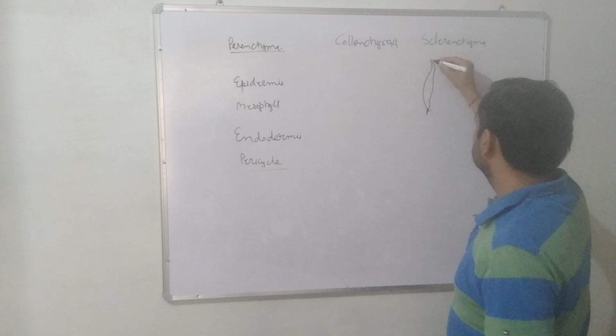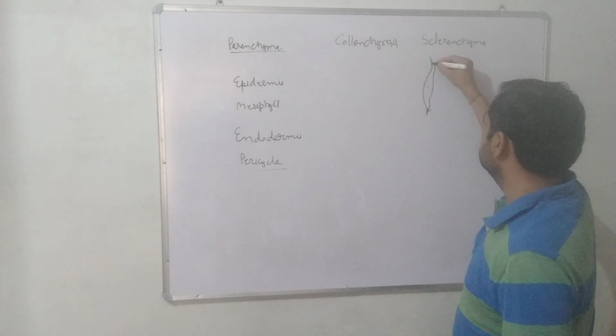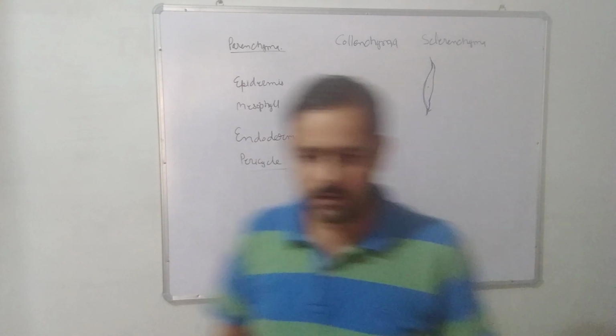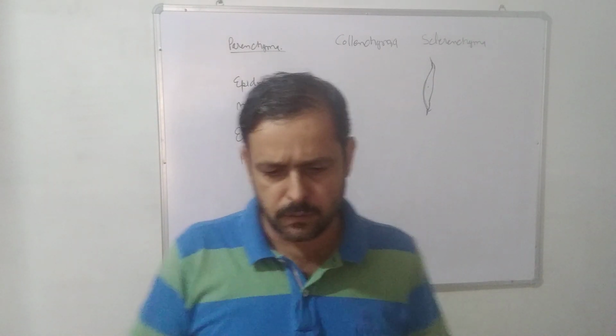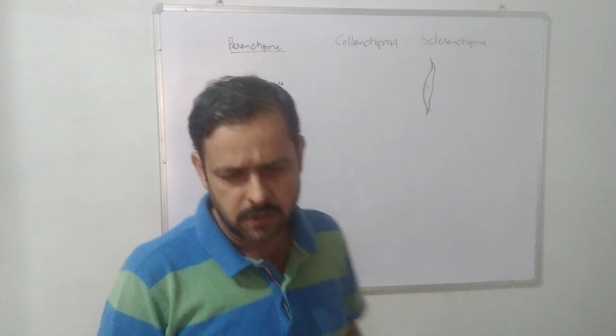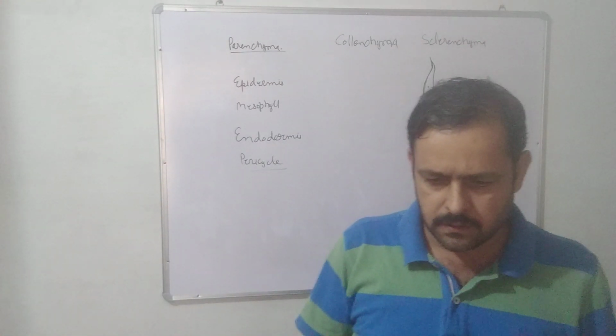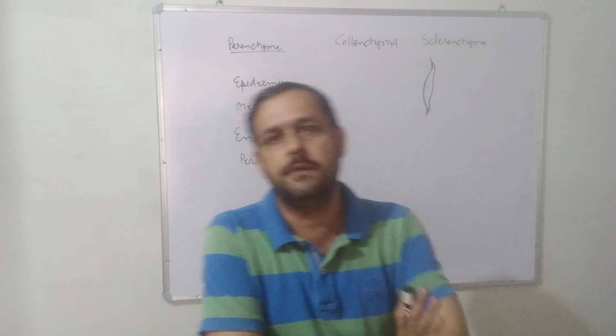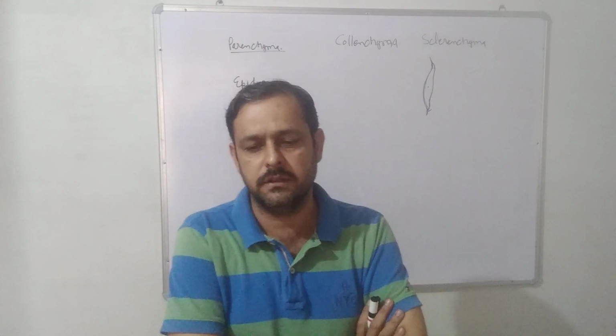These are the cells and these are the tapered ends. Dead cells, irregular in shape, very thick and highly lignified, with a narrow lumen. Narrow lumen is also found in these cells.